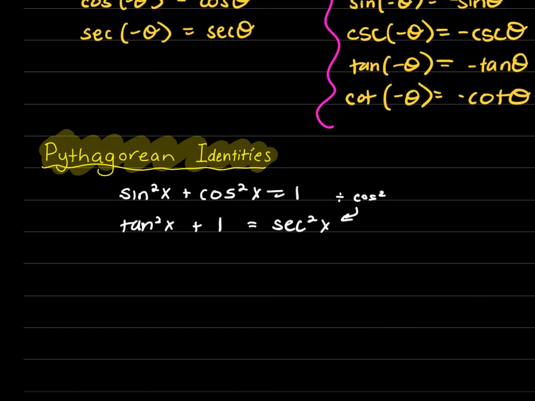If I take my original and divide them all by sine squared, I get 1 plus cotangent squared x equals cosecant squared x. So remember, you can derive them if you get stuck. Hopefully you have the initial one memorized. Take that initial one, divide everything by cosine squared, you get the tangent one, and then divide everything by sine squared, and you get the last one.